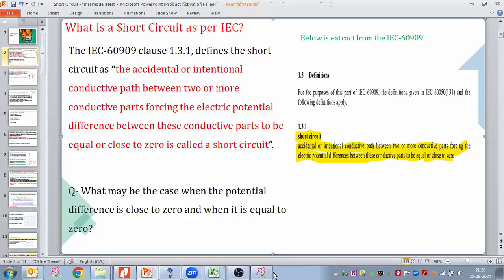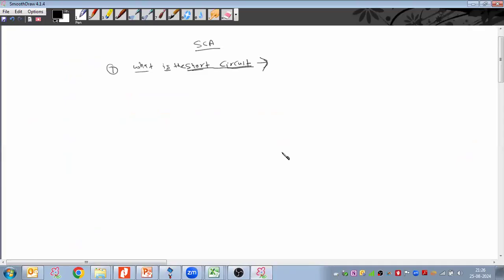Phase to ground is equal to zero, yes, a direct connection of any live part to the ground. So the potential difference would be equal to zero.